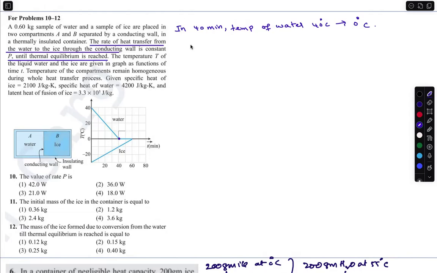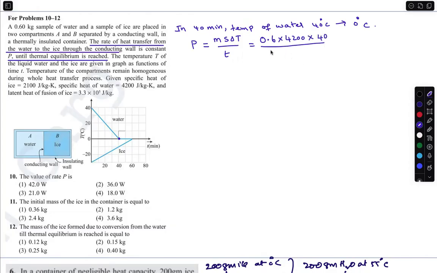That you can write as P is equal to m s delta T by t. How much is the quantity? 0.6 kg sample. So 0.6, here they have given specific heat as 4200 and the temperature difference is 40.